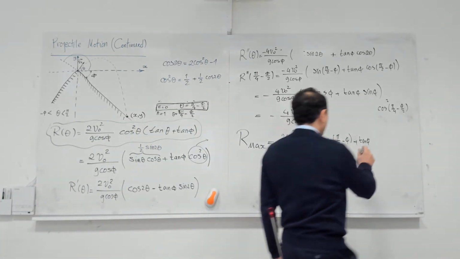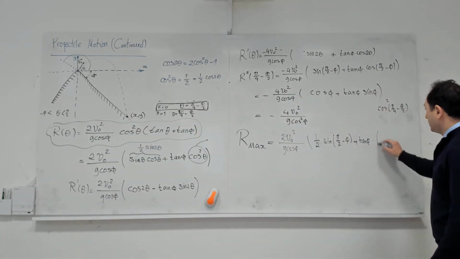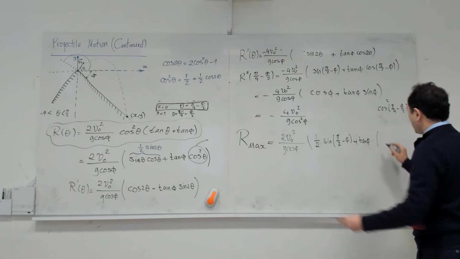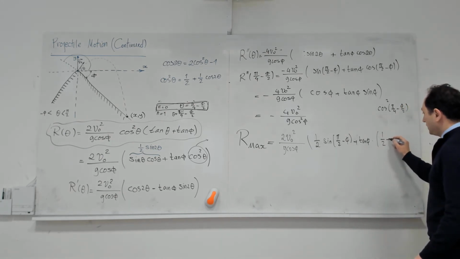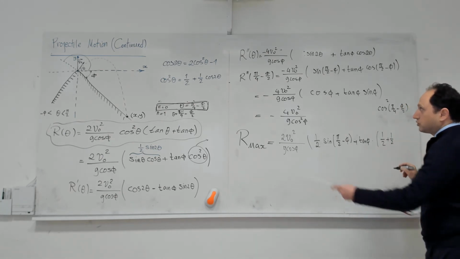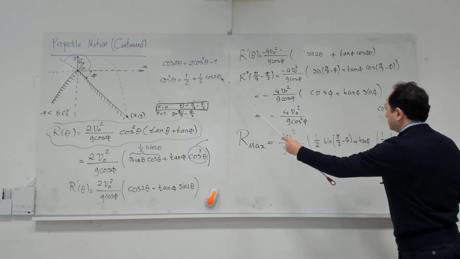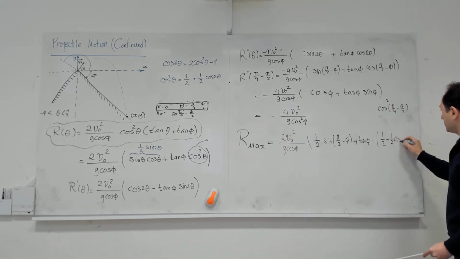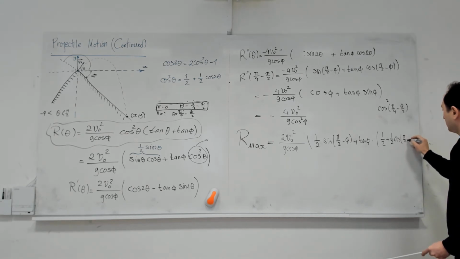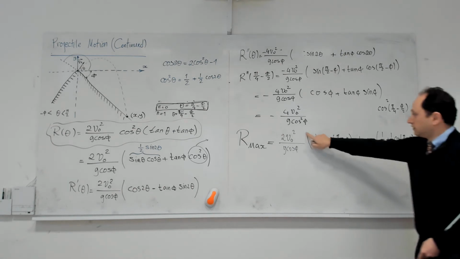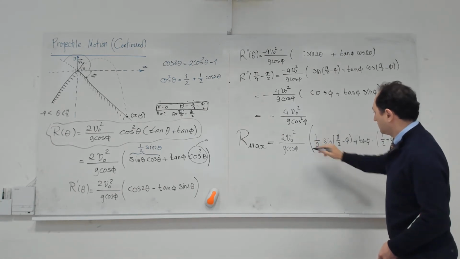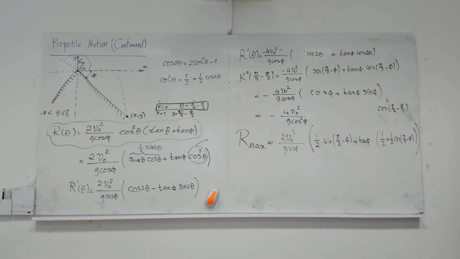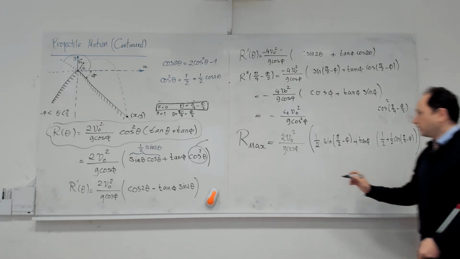So tangent of phi multiplied by, instead of cosine squared, I would write 1 over 2 plus 1 over 2 cosine of 2 theta. So it means that I multiply theta by 2, it gives me the same thing. Yes, is that understandable? Now, can you tell me what is the answer?